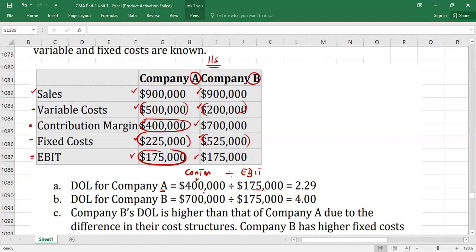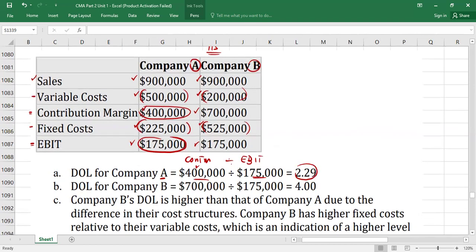So 400,000 divided by 175 gives the answer 2.29. We'll understand the interpretation. Then for the second company B, the contribution margin is 700,000, the numerator, divided by earnings before interest and tax, which is 175,000. If you divide, you get the answer 4.